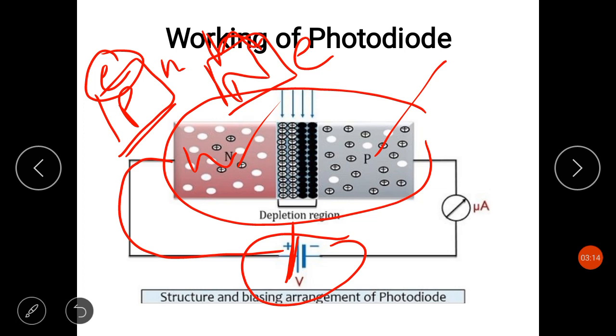Similarly, electrons present in the p side, the minority carriers of the p side, will experience repulsion from the negative terminal of the battery.